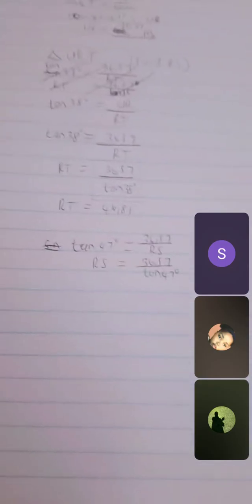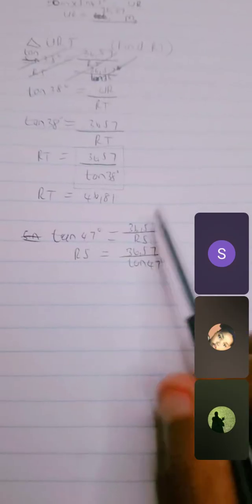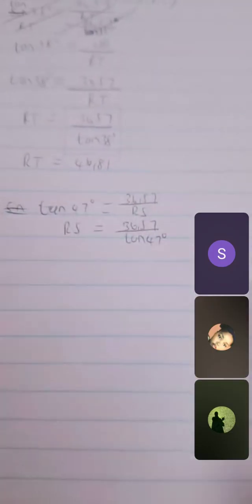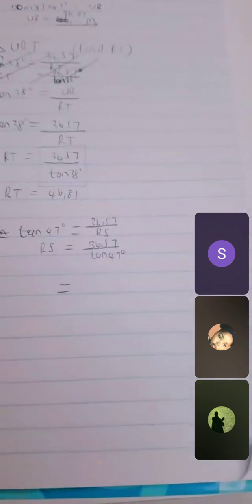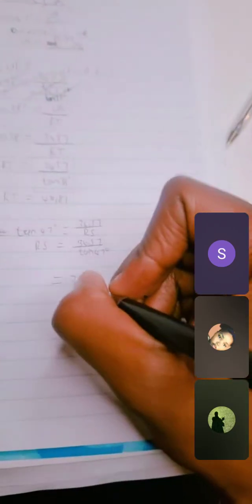That's the shortcut: we cross multiply if the unknown is in the numerator, but since the unknown is in the denominator, we interchange tan 47 and the unknown. What do you guys get? 36,57 divided by tan 47 is 34,1.